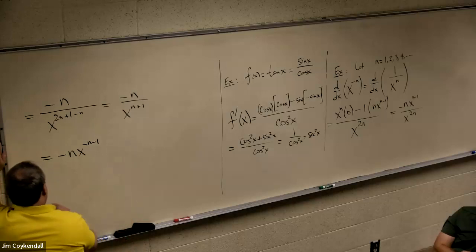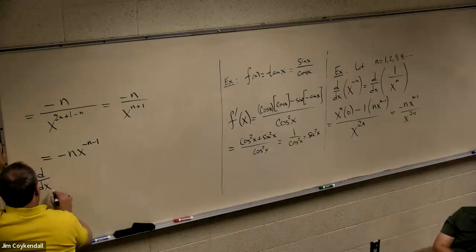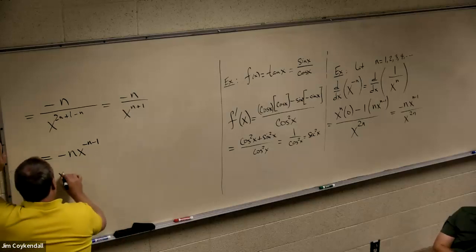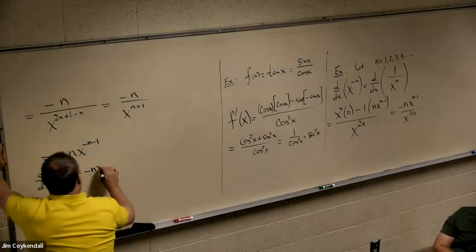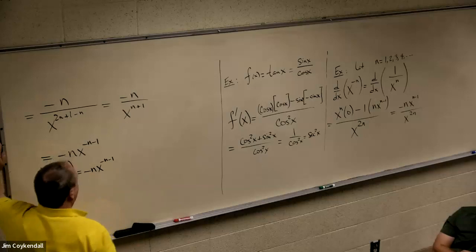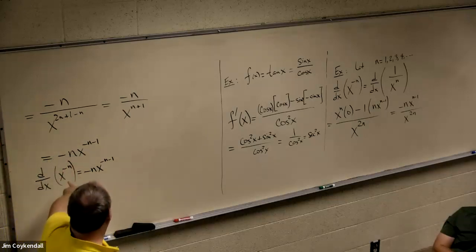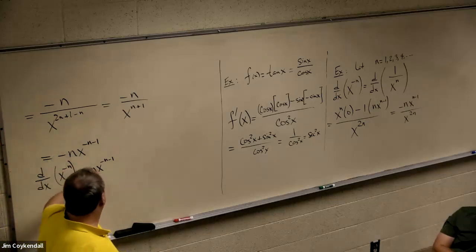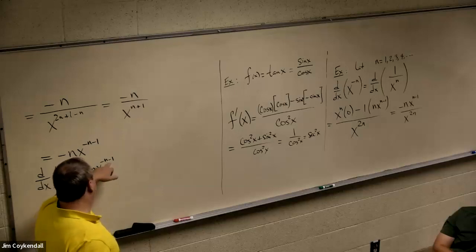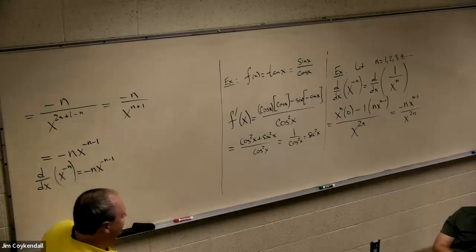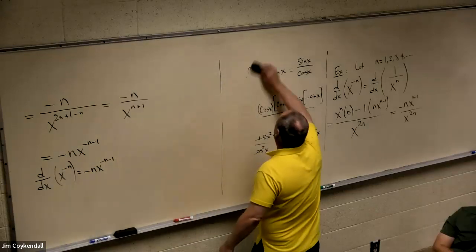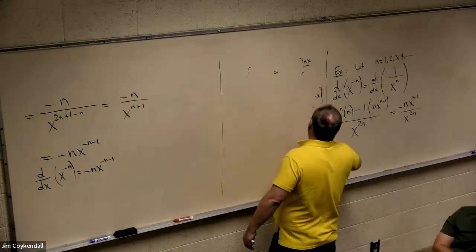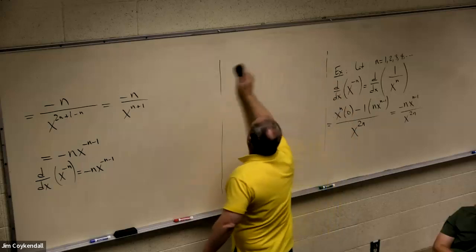So let me summarize. Notice this formula is the same, right, as for positive powers. You just drop the exponent and subtract one. So in summary, this is one of the things the quotient rule's got us. Well, it's got us all the trig functions.